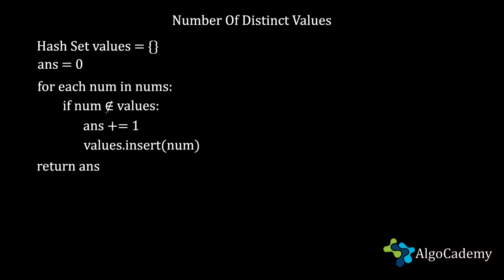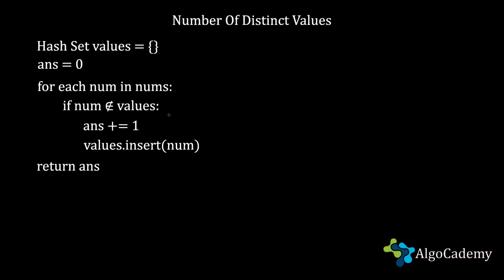Then we check if that number is not part of the values hash set. So again, for this, you have, for example, in Python, if num not in values, I think that's it. Maybe in JavaScript also. In C++, for example, you'll have to check if values.find of num is not equal to the end iterator.